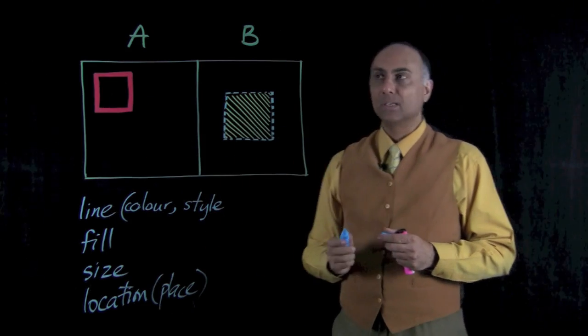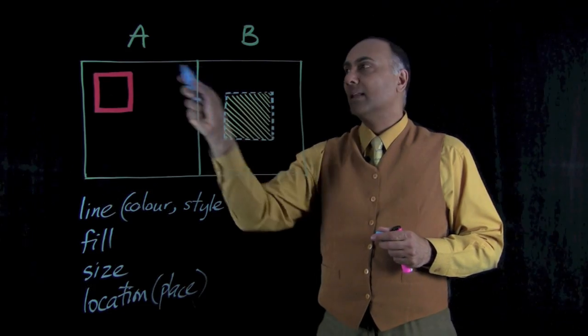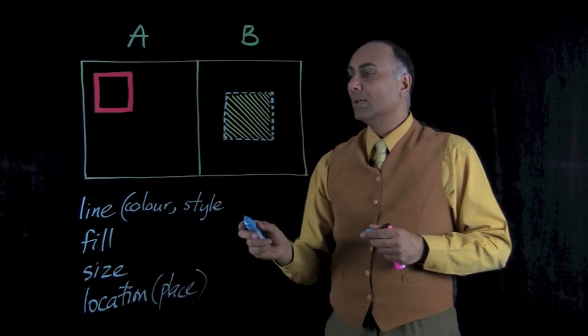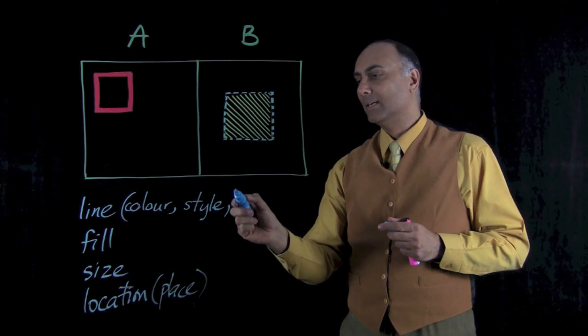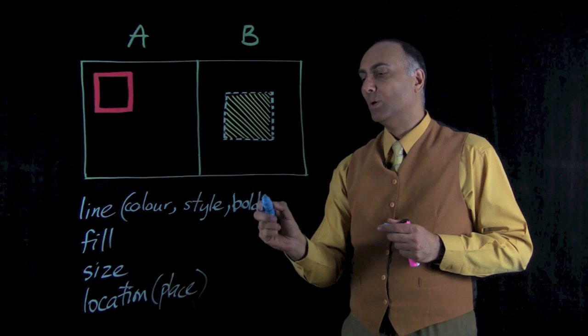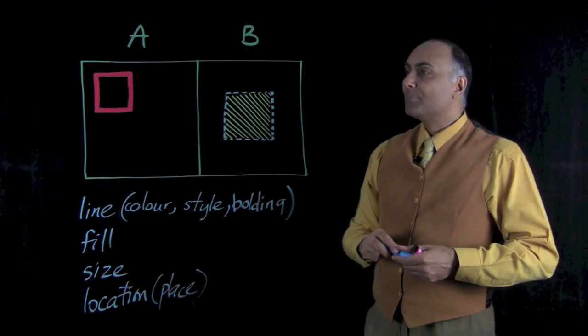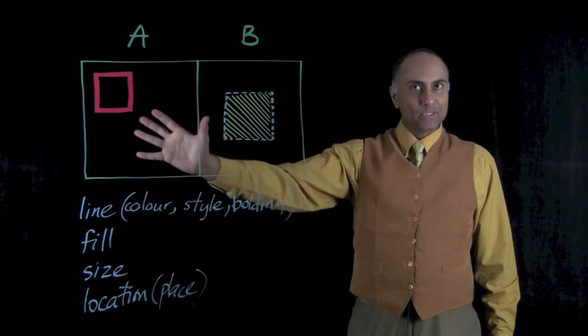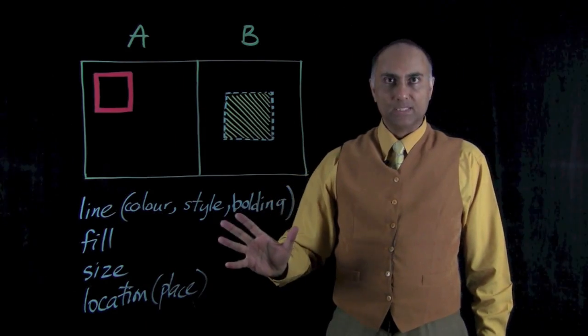So that's a difference. And one more thing, this line is thinner than that. So we can call it thickness, or in the case of a line, you can call it bolding. But be careful, that's B-O-L-D-I-N-G, bolding, or thickness. So because these pictures are very simple, there are only those differences between them.